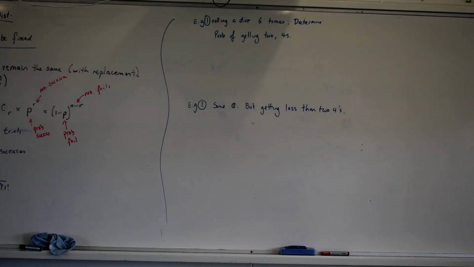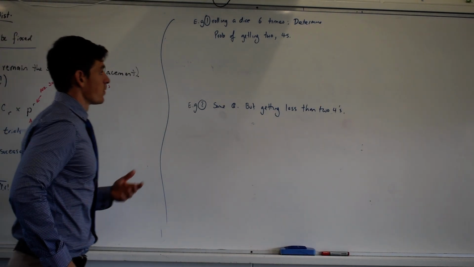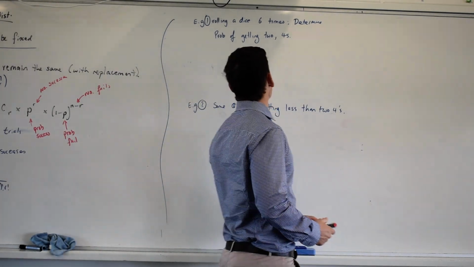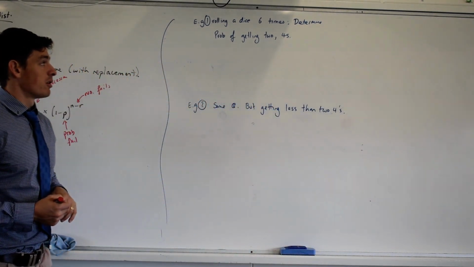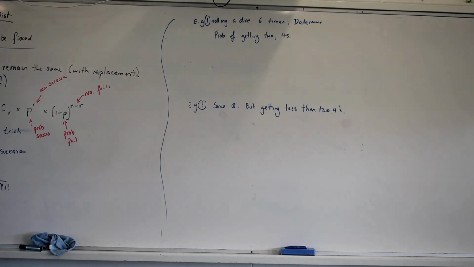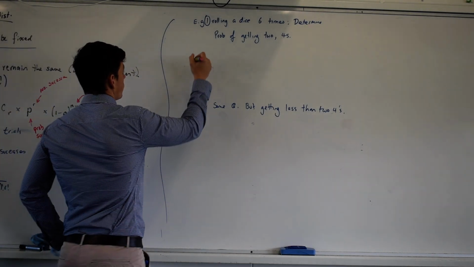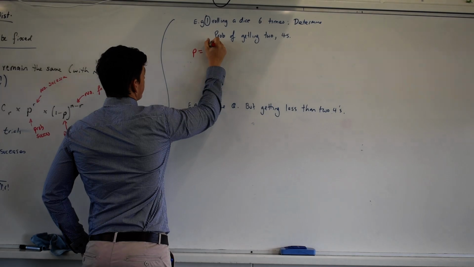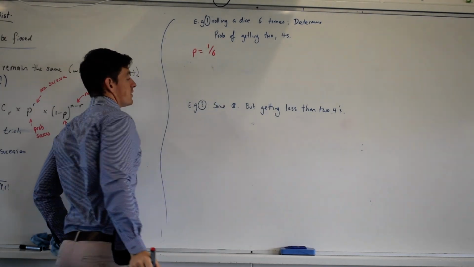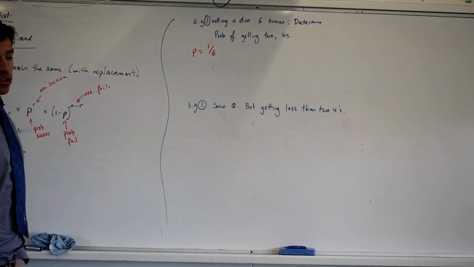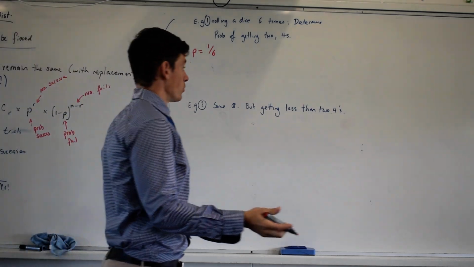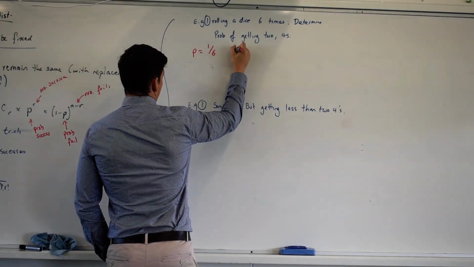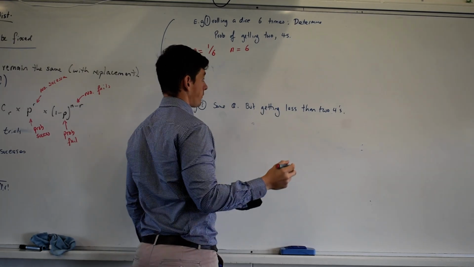So the first thing that you want to do when approaching one of these questions is write down what you know. I roll a die 6 times, determine the probability of getting two 4s. So what's the probability of success? p is equal to the probability of success, 1 on 6. So the probability of rolling a 4 is 1 on 6, and the number of trials is equal to 6.